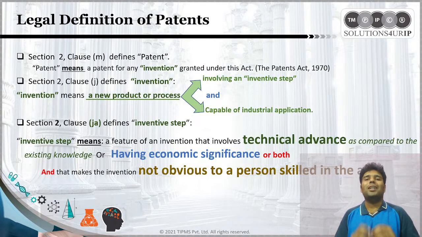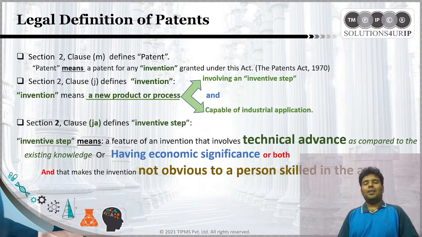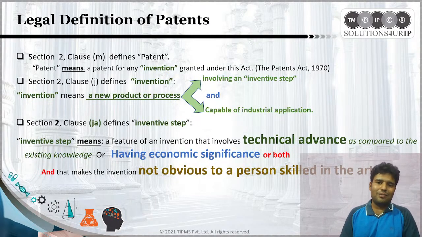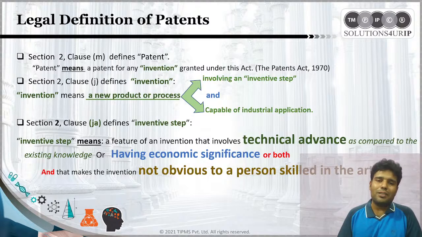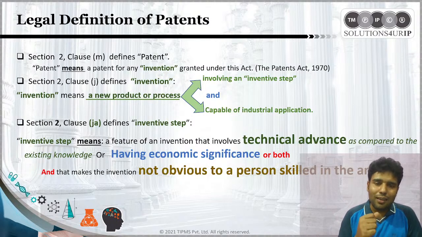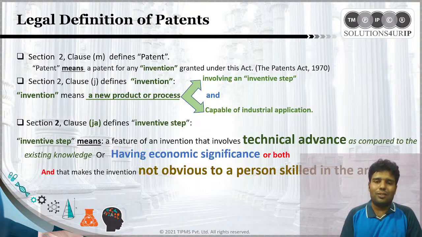So not necessarily your invention has to be technically so much complicated always to satisfy the patent eligibility criteria. It can be simple incorporations of technology, but it must and should have economic significance of that technology.